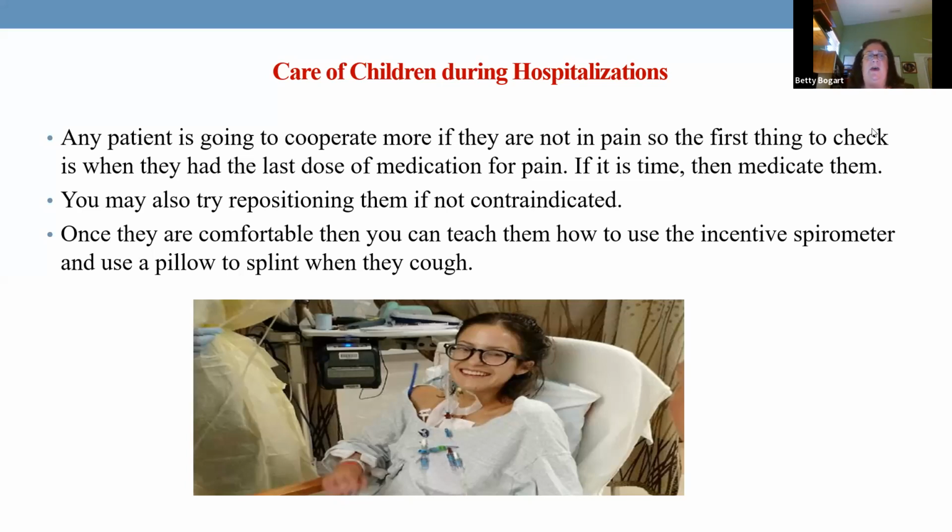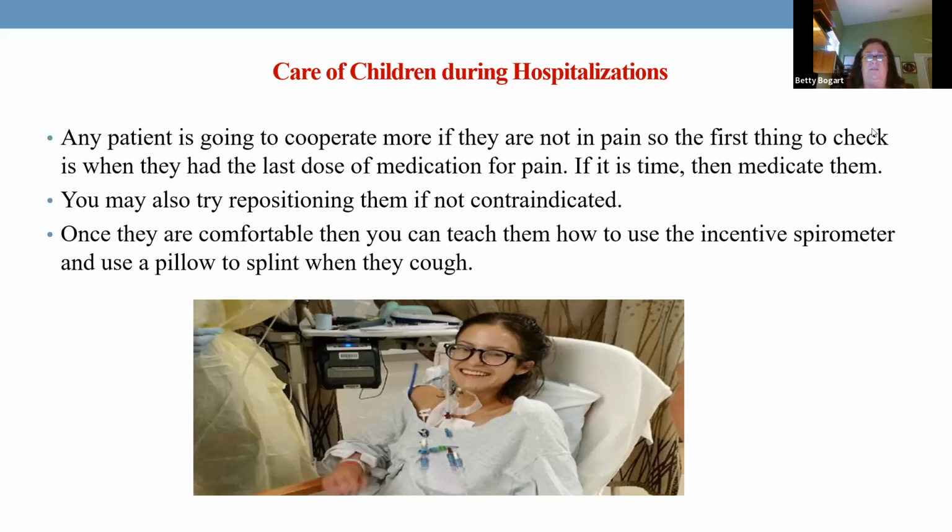Also do turning, positioning, head of bed elevated, all the extra pillows, all those things we can use as long as it's not contraindicated. Now, what if you have a child who just had, let's say, abdominal surgery or cardiac surgery, and they need to do coughing and deep breathing?